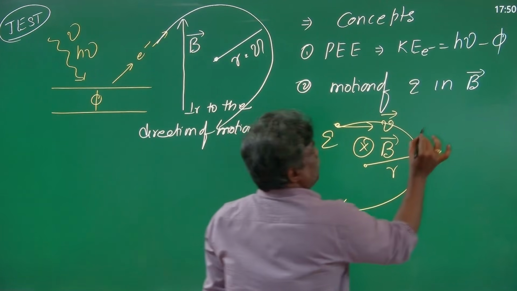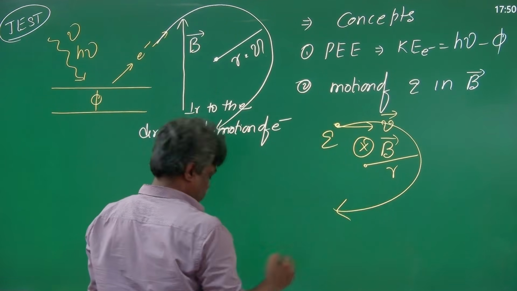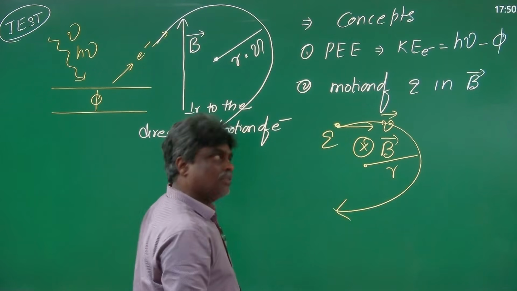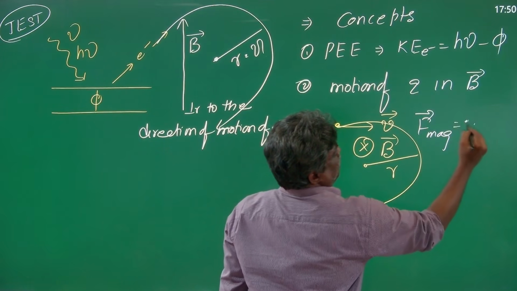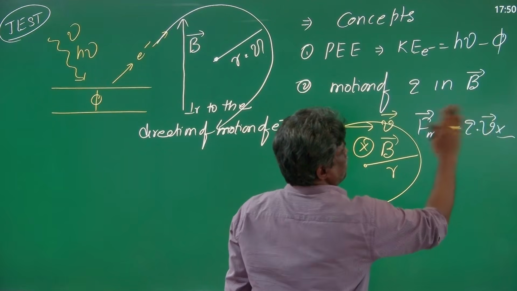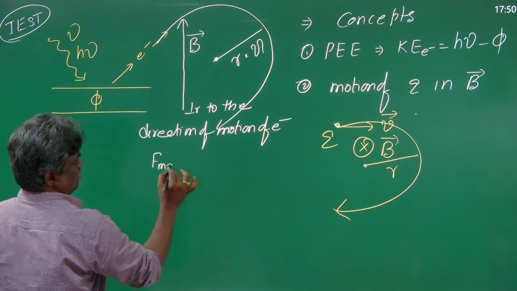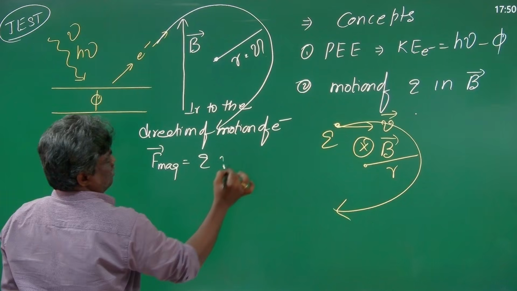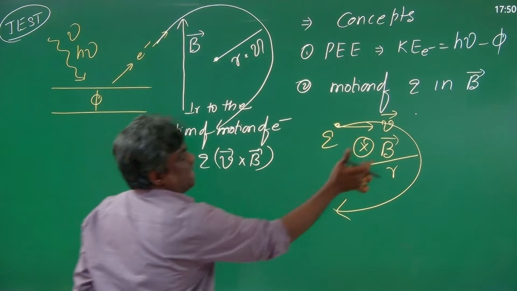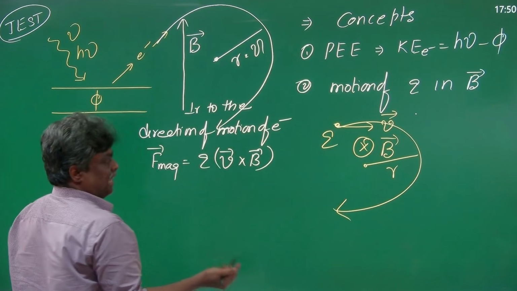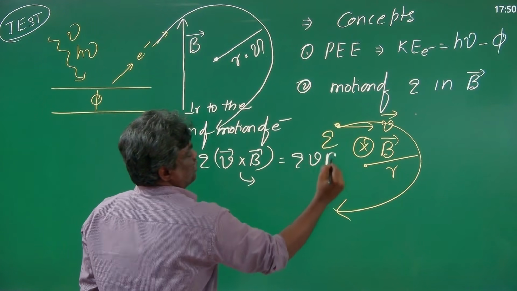Now I hope everybody knows what the magnetic force on this charged particle is. The magnetic force is Q v cross B. Let me write here. But velocity and magnetic field are in perpendicular directions, so sin 90 equals 1.